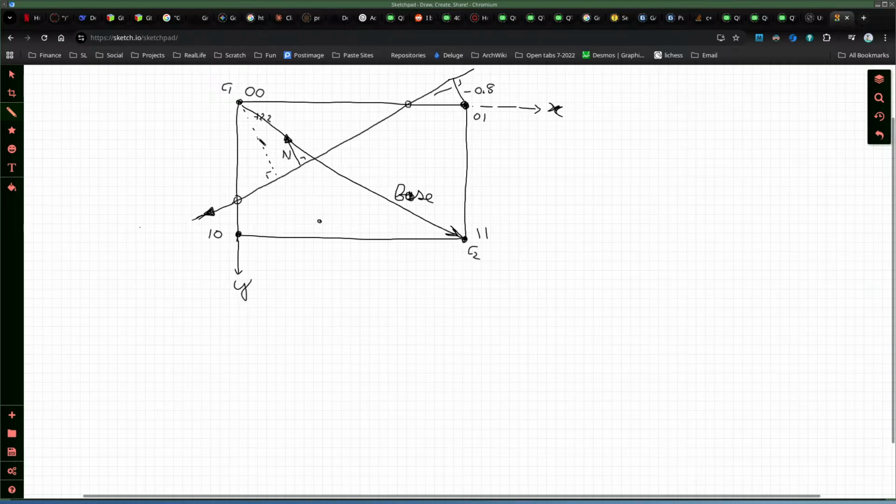And then if you are here you have to subtract n, so that would give a negative sign, negative distance. So this here is the negative distance. And this side is the positive distance. But only because the normal is pointing that direction, which is only the case because our line is pointed to the bottom left.